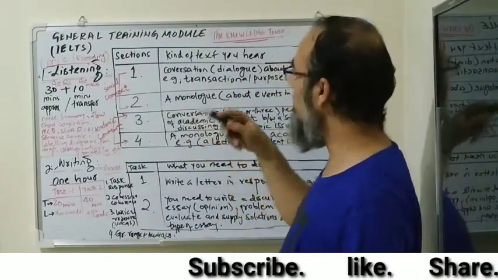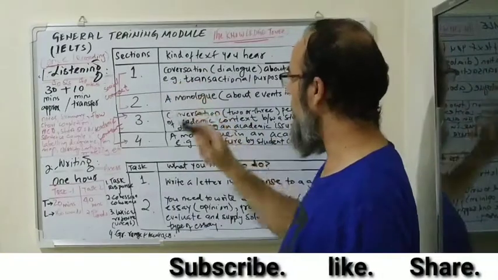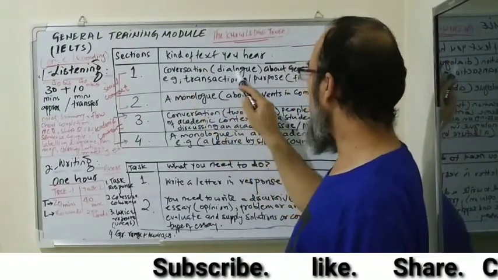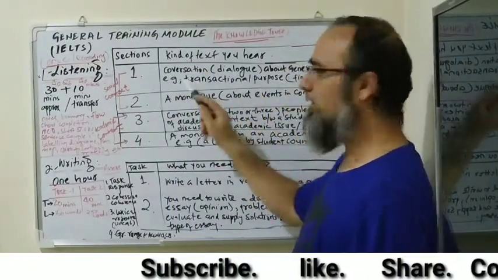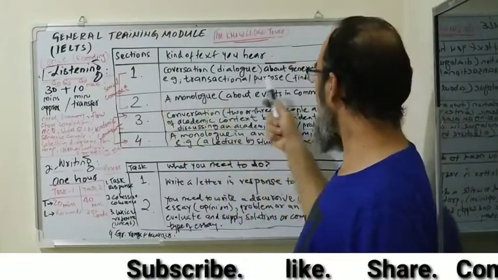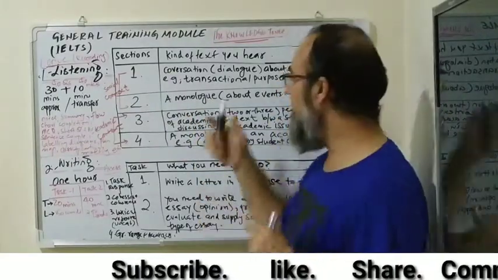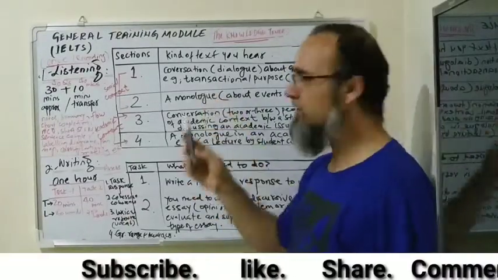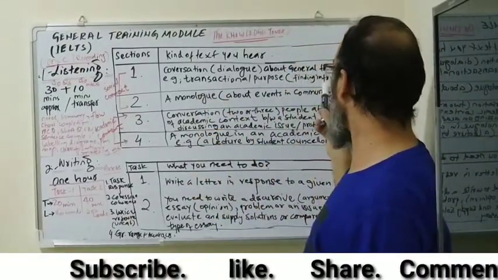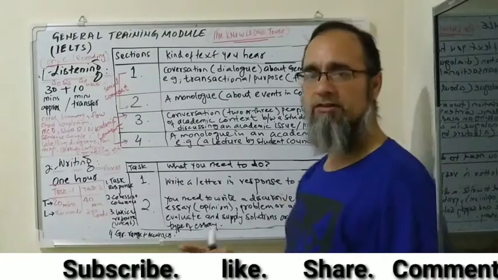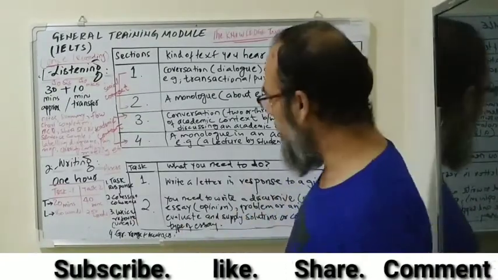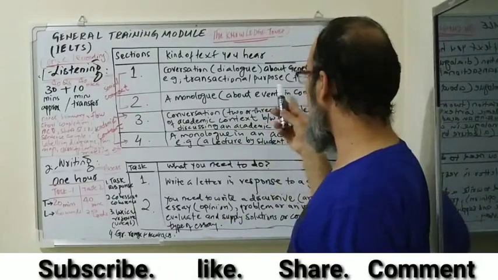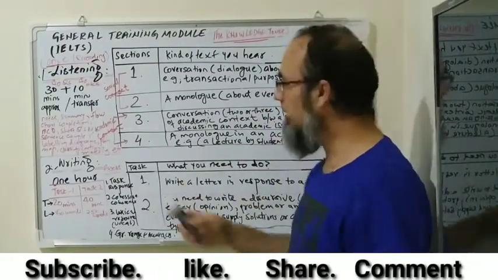That is a conversation or a dialogue about a general topic, for example, for a transactional purpose. What is transactional purpose? It is about finding information about, say, travel or some other kind of topic.